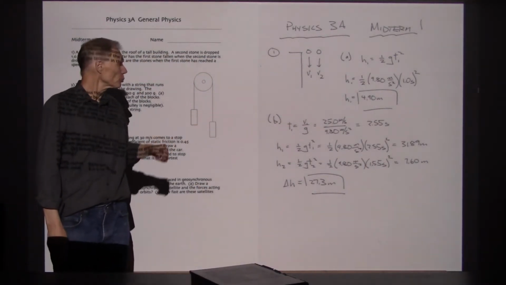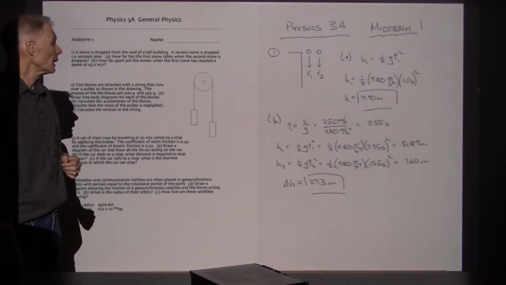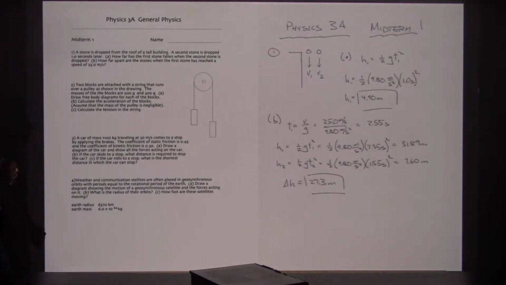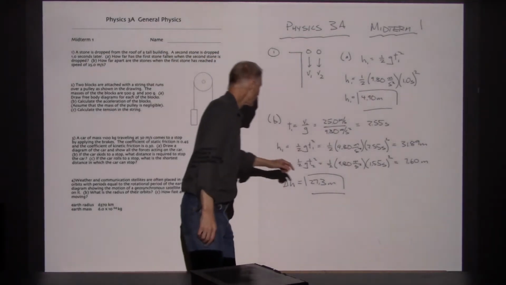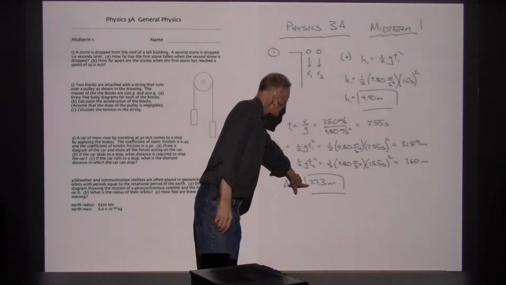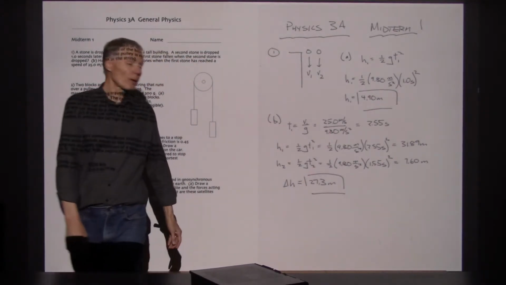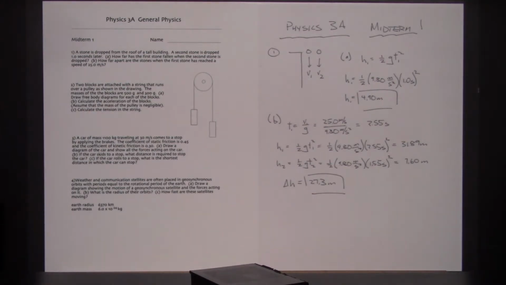So the second one has only traveled 7.6 meters. So that extra second is making a large difference. So what we're ending up with here then is a delta H of 27.3 meters.